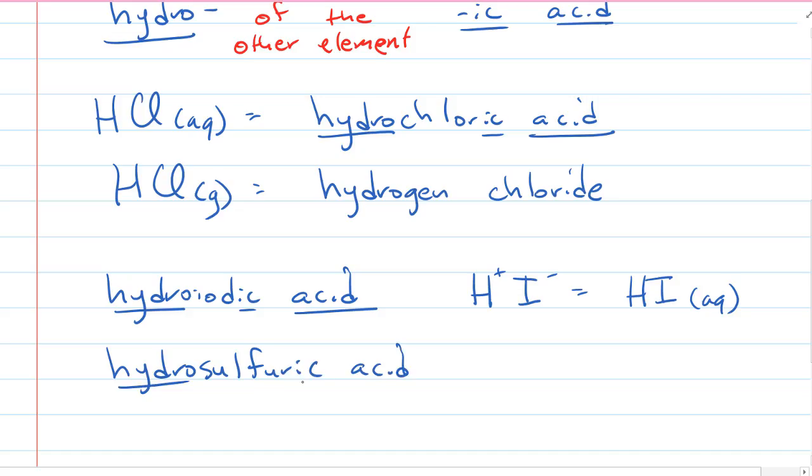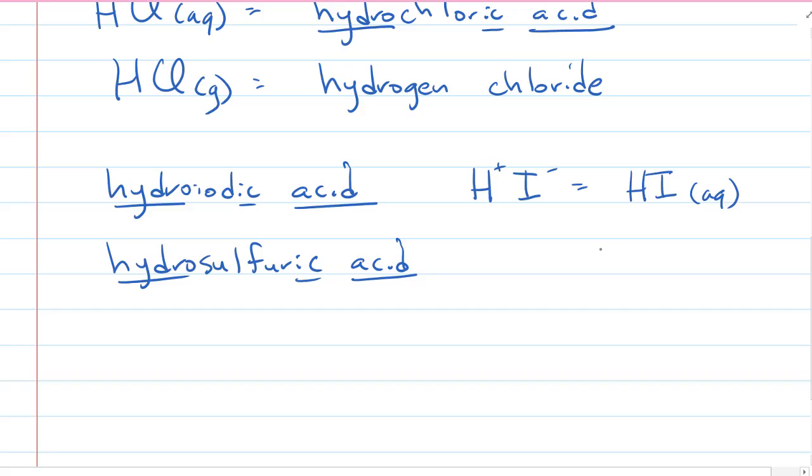The formula for hydrosulfuric acid is going to be H2S, followed by aq.